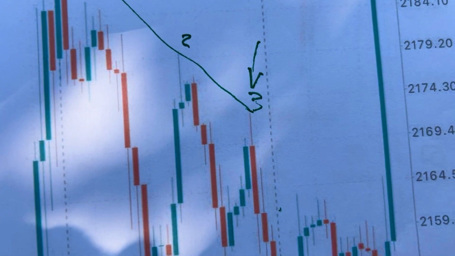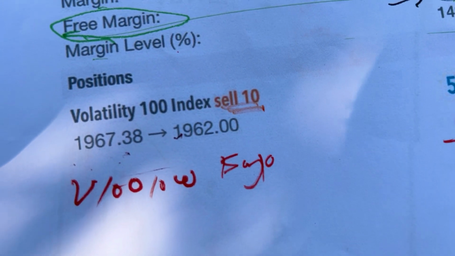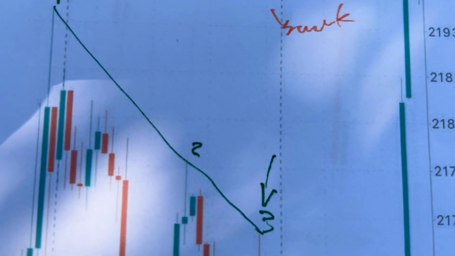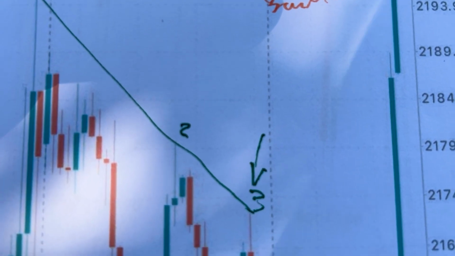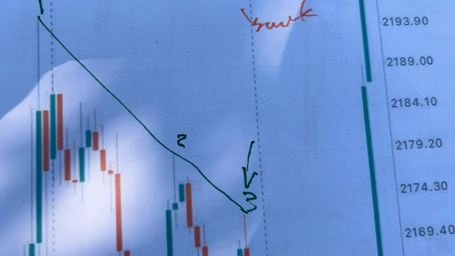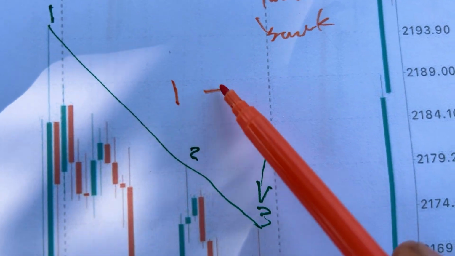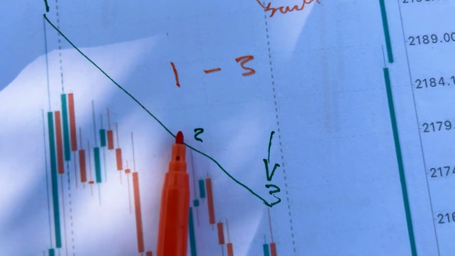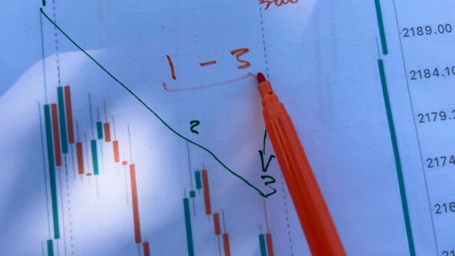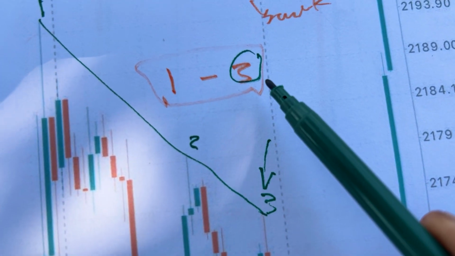And lot size, for those who do not know, this is the lot size. They use a big lot size to trade the buys and sells, which is quite simple. When you're looking at the strategy, we have phases and a cycle that has to be repeated, from number 1 to number 3, such as what's happening here. So whenever you're trading, you're looking for a cycle of number 1 to 3. But because you're learning a piece of the pie, you're only learning number 3, which is where you get in.